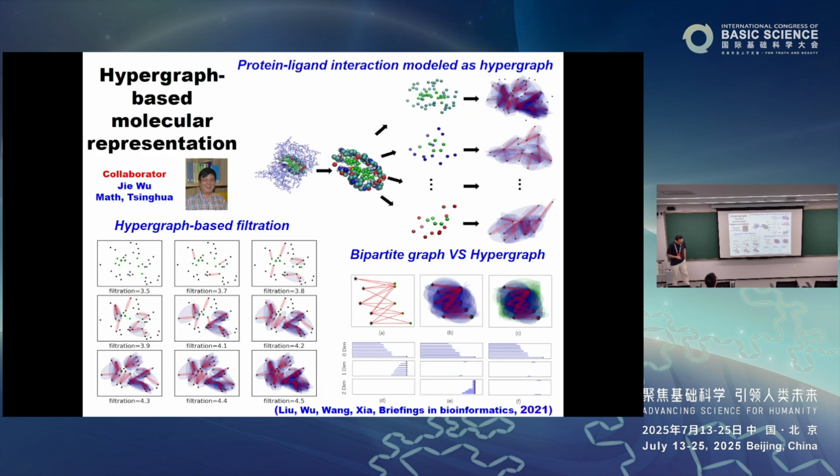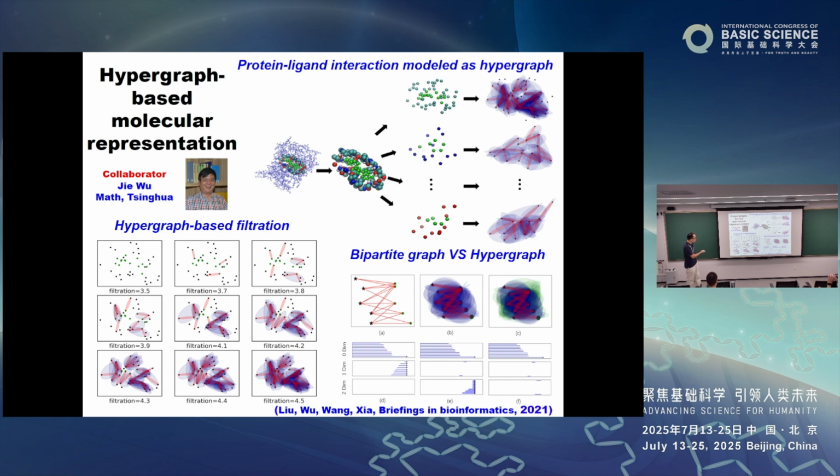Also, with Prof. Wu, we are tracking this hypergraph representation. The idea is basically like this. As mentioned, when we have this interaction between protein and ligand, we can have this bipartite graph representation. However, these are only pairwise interactions. I only have one atom from protein and one atom from ligand, so this is just a pairwise interaction between two atoms. Now I want to incorporate higher-order interactions.